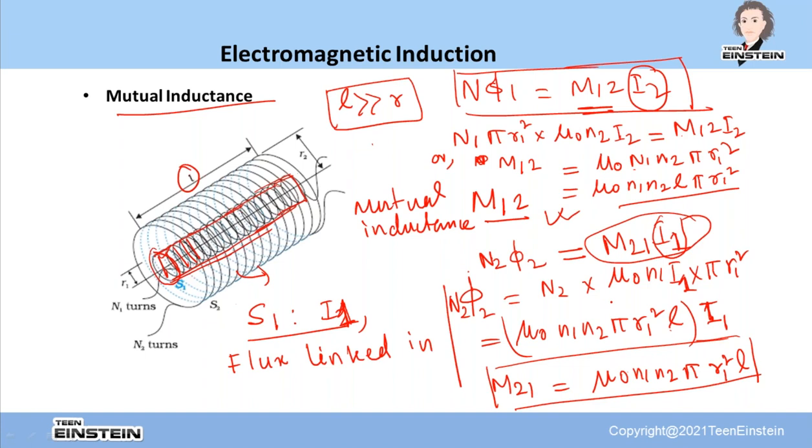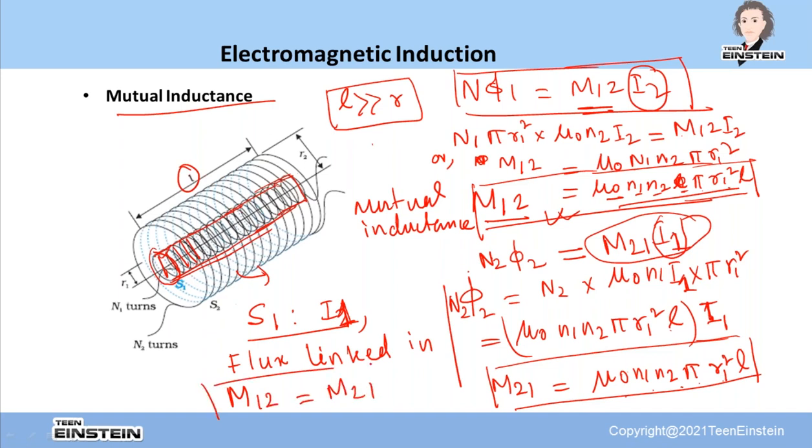And surprisingly, the mutual inductance between these two is actually the same. See here also I have written mu 0 N1 N2 pi R1 square into L. That means what we are getting here is M12 is equal to M21.